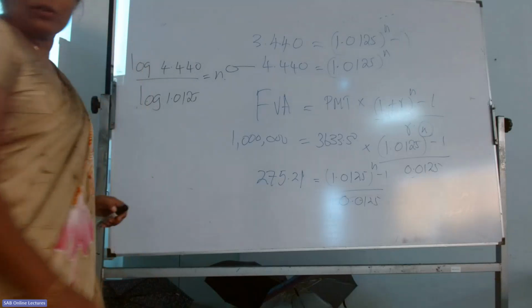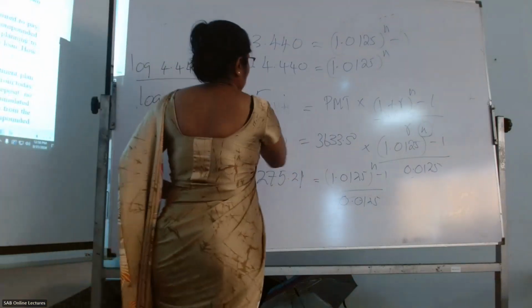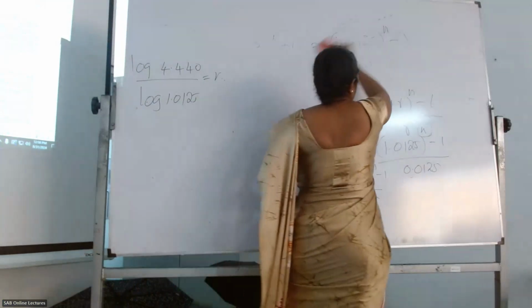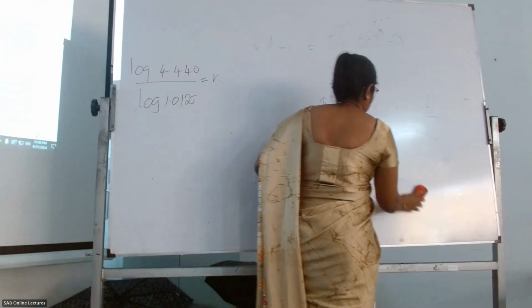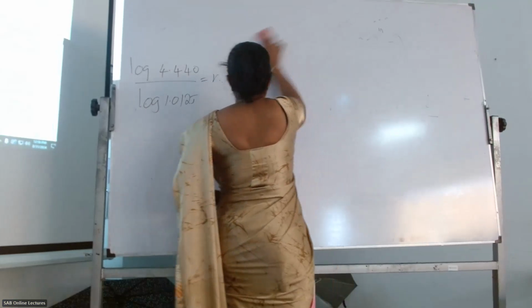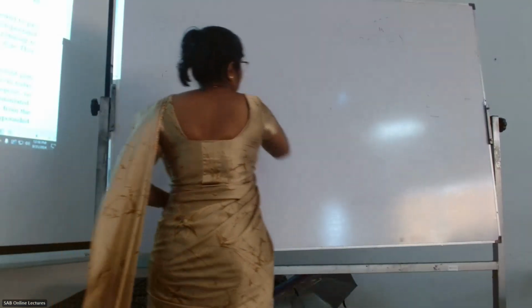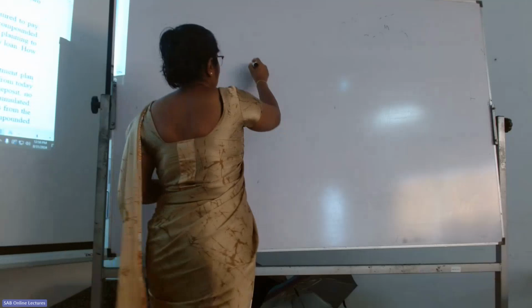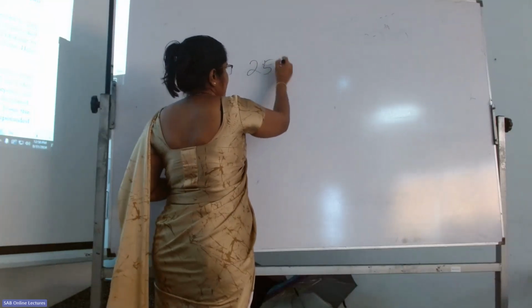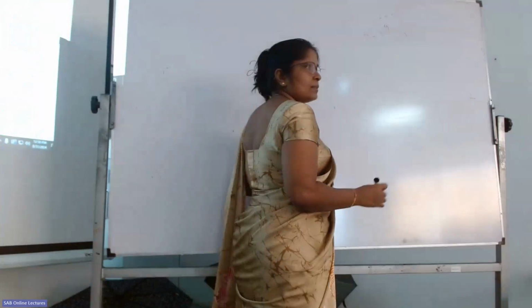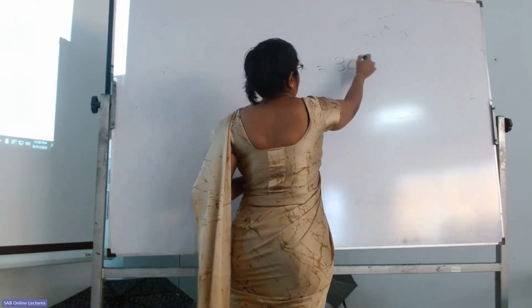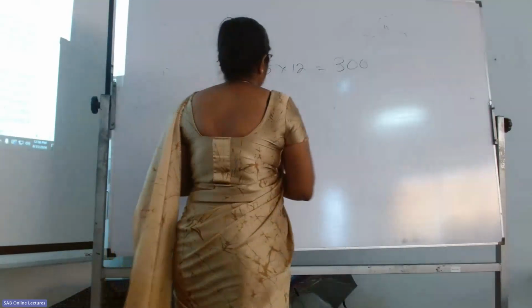So then how many installments are due? 25 into 12 is the total number of installments, that is 300.